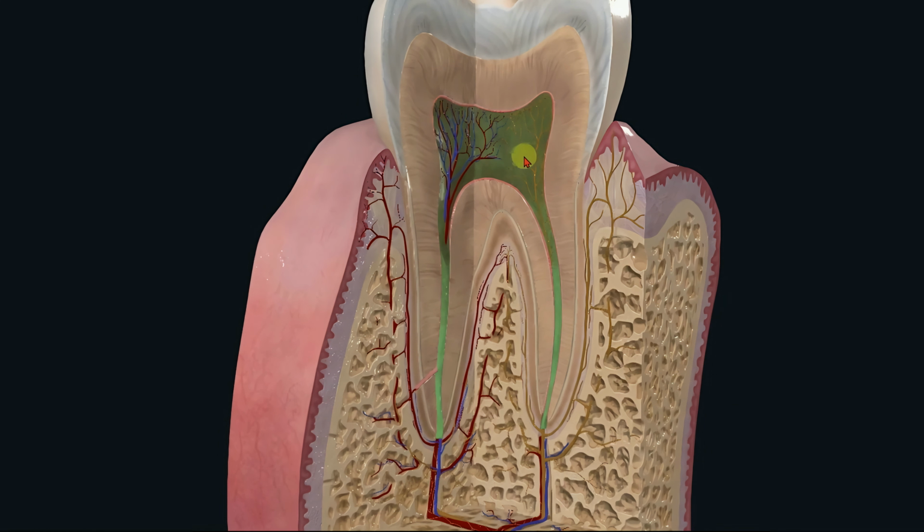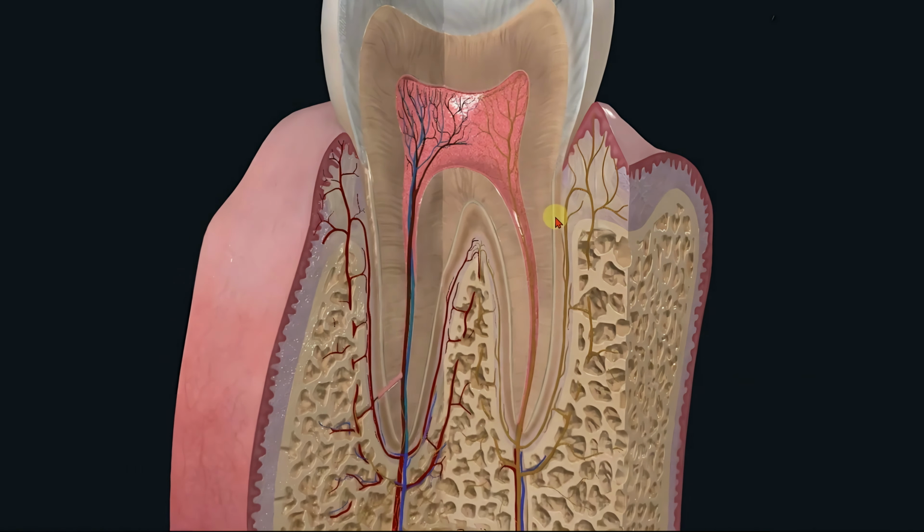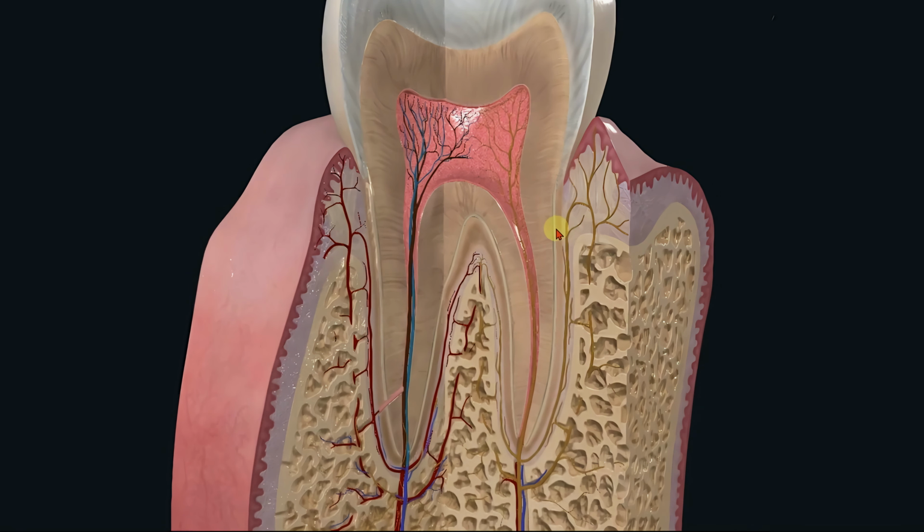Let's take a closer look inside this pulp cavity. What's in there? I'm going to hide this part of the root canal. Once I hide it, we can see what's actually inside. There are nerves, and there are blood vessels. So, the pulp cavity is essentially filled with nerves and blood vessels.